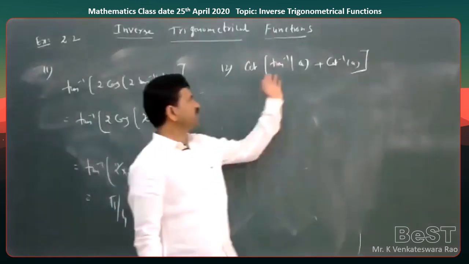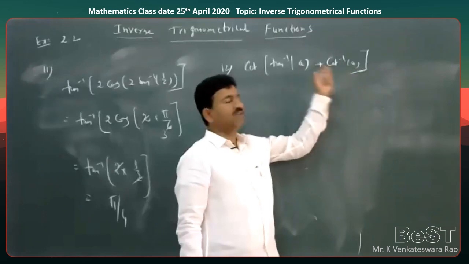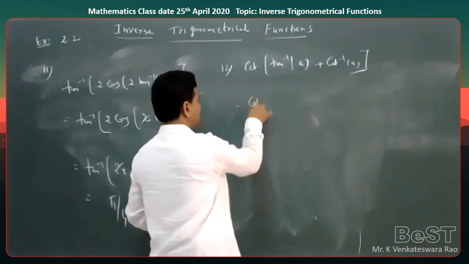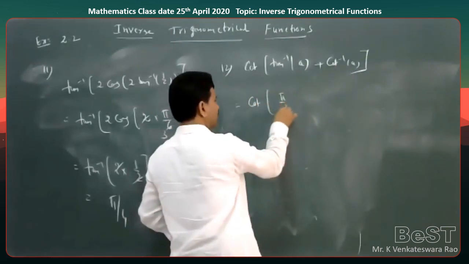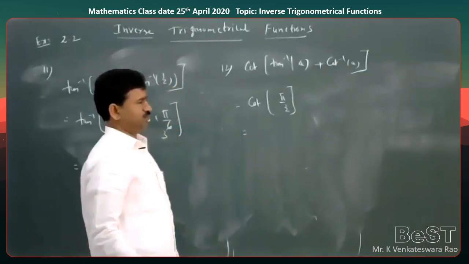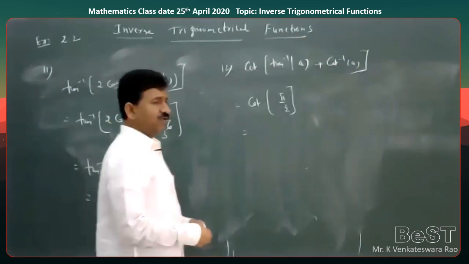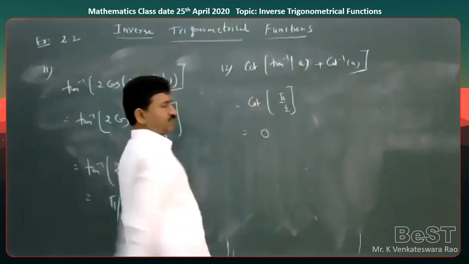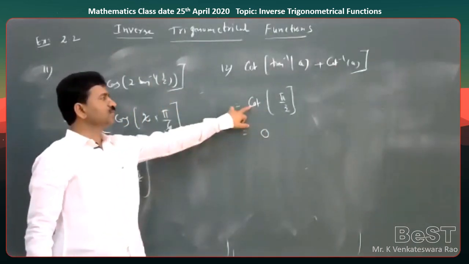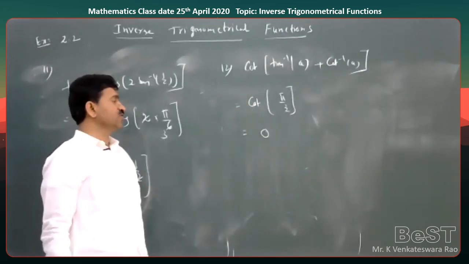We practiced the theorem: what is tan inverse of x plus cot inverse of x? Pi by 2. So this is cot of pi by 2. What is the cot of pi by 2 value? Tan pi by 2 is undefined, so cot pi by 2 is 1 by infinity, which is 0. If you have forgotten, cos pi by 2 by sin pi by 2. Cos pi by 2 value is 0, sin pi by 2 value is 1. 0 by 1 is 0, the answer.